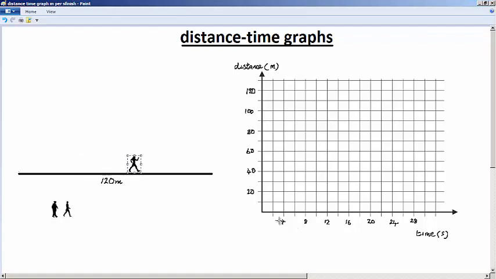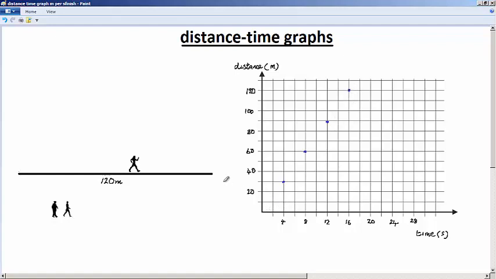We have time going along the horizontal axis, and then along the vertical axis we have the distance covered. So let's imagine that this person in the first 4 seconds covers a distance of 30 meters. In the next 4 seconds reaches 60 meters, then after 12 seconds 90, and then after 16 seconds 120 meters.